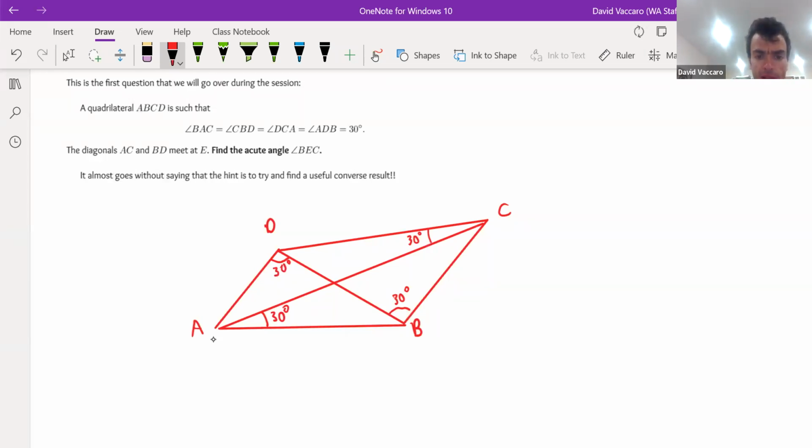And it wants to find the acute angle BEC. So it wants this angle here.